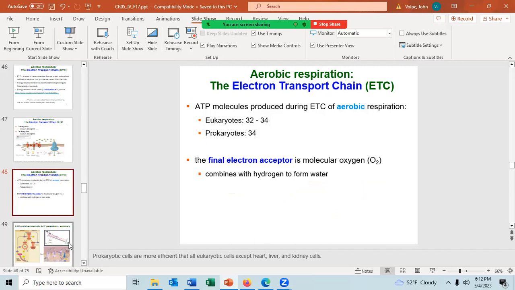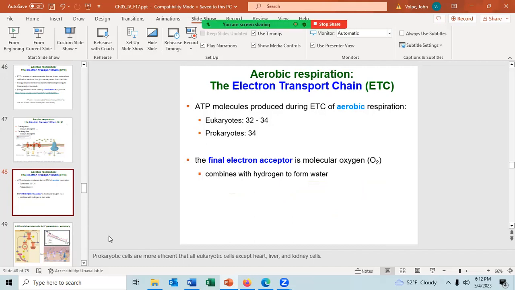So in the electron transport chain of aerobic respiration, in prokaryotes, which are a little more efficient, they can generate up to 34 ATP molecules per molecule of glucose. Eukaryotes are not as efficient.